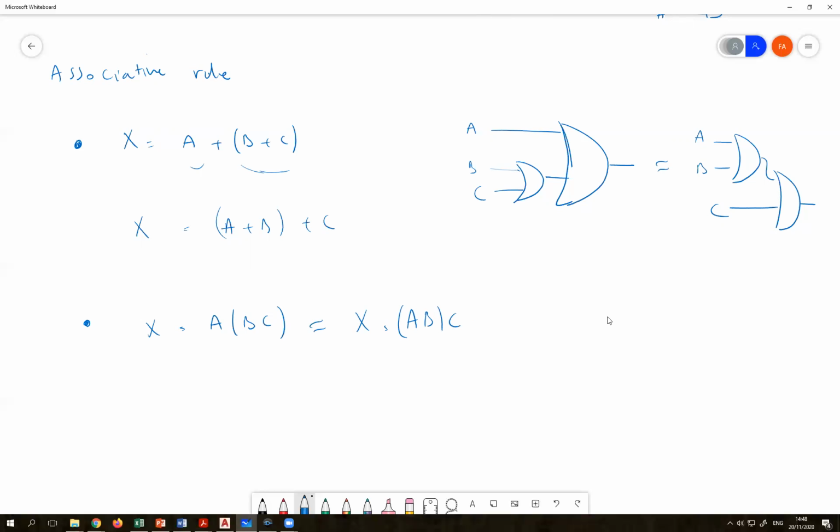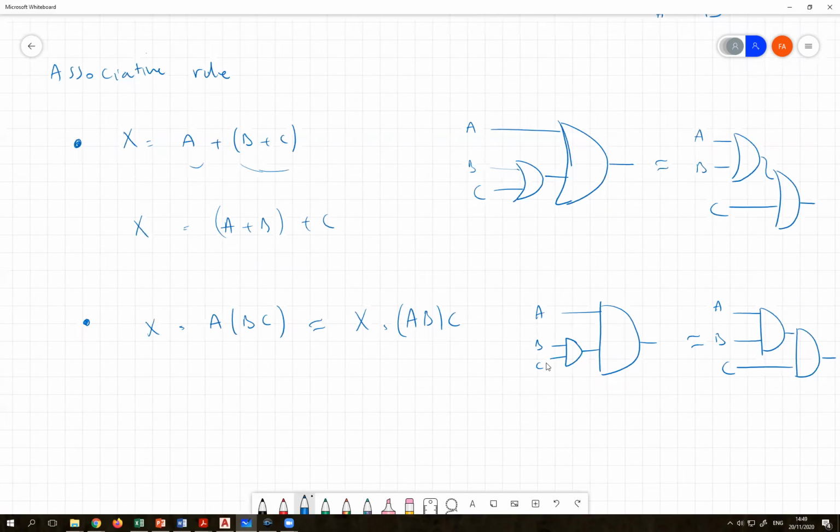There are no parentheses here. It means that if I have A and, this is an AND gate, BC, this is A and B and C. This is the same as A and B, the output of that in another AND operator with C. So again, you can change the parentheses of these inputs.